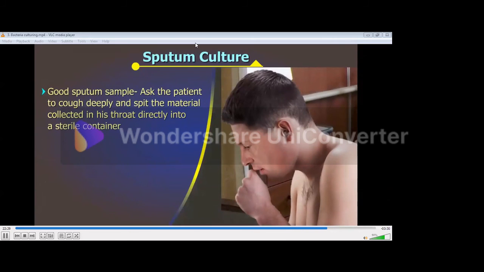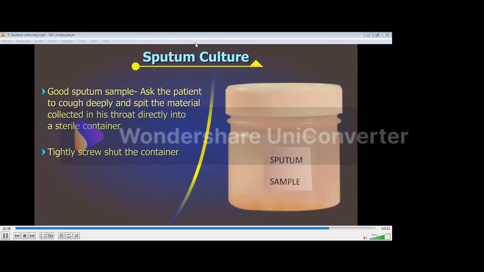For a good sputum sample, ask the patient to cough deeply and spit the material collected in his throat directly into a sterile container. Tightly screw shut the container and wipe off any spilled material with a tissue moistened with disinfectant.